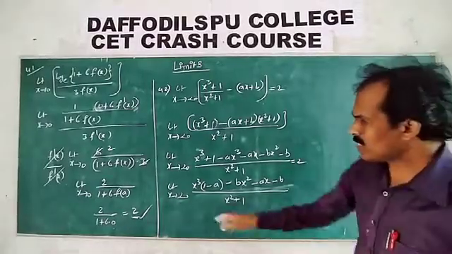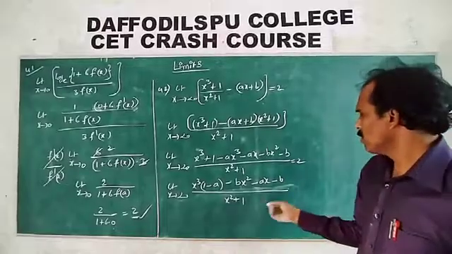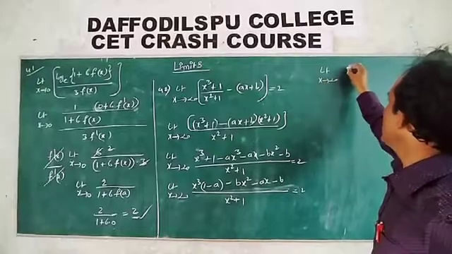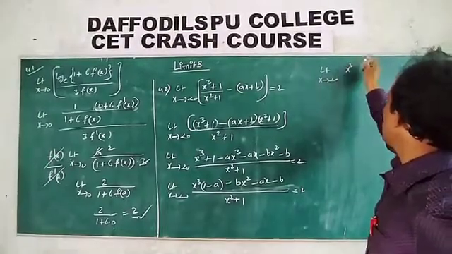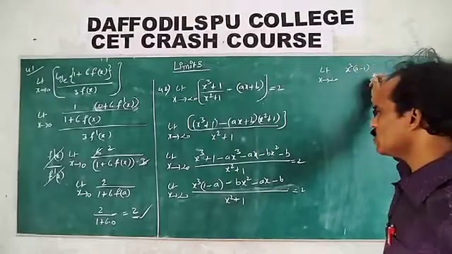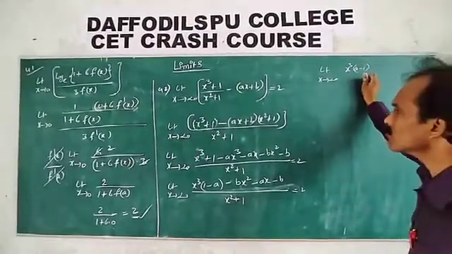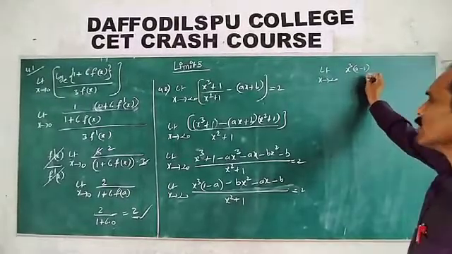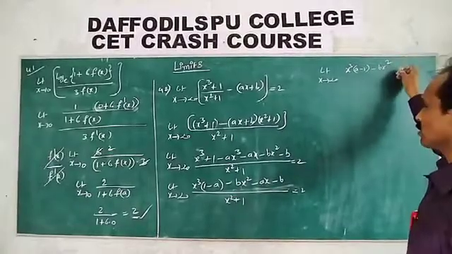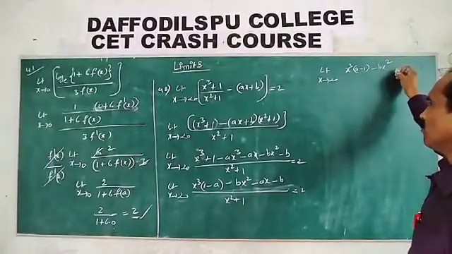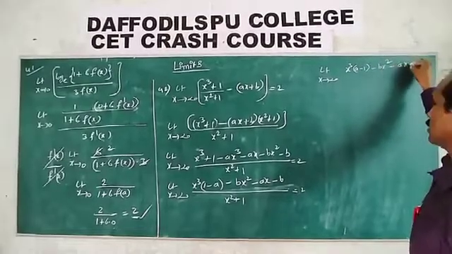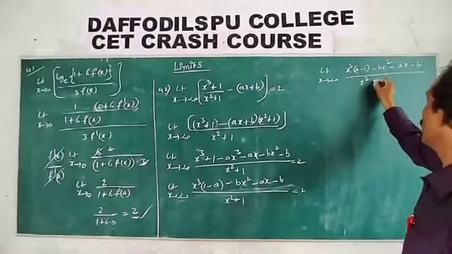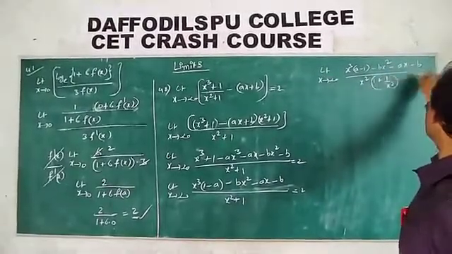In the denominator take x square common. Why? Because direct substitution as x tends to infinity gives infinity. Limit x tends to infinity of x cube (a minus 1) minus bx square minus ax minus b, divided by x square common, 1 plus 1 by x square, is equal to 2.